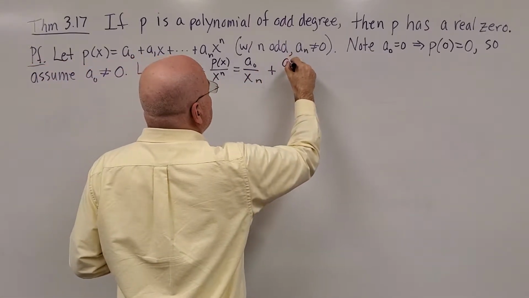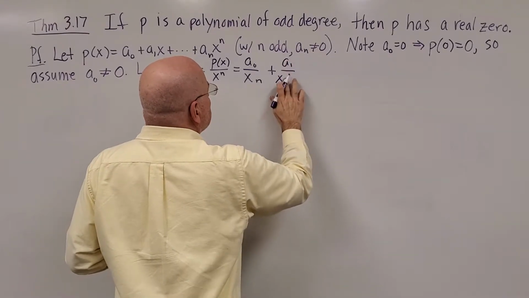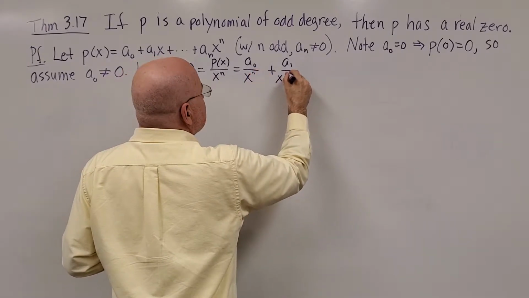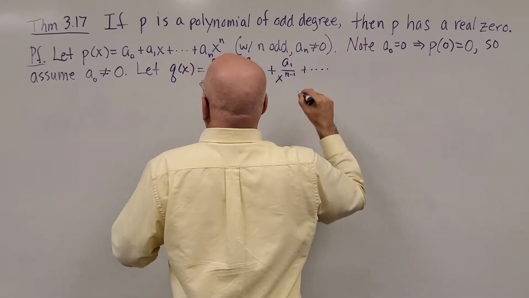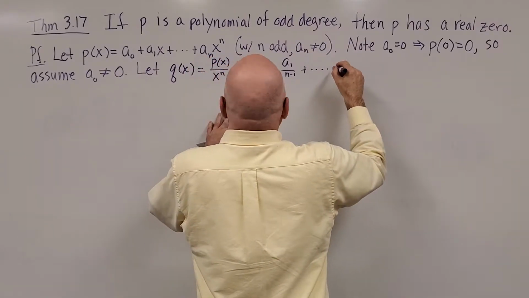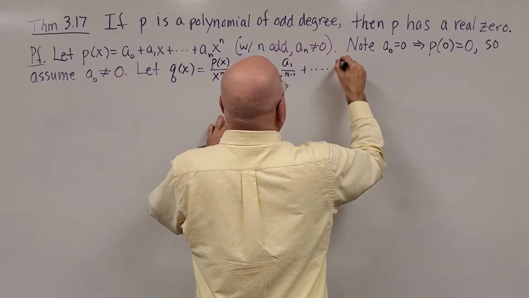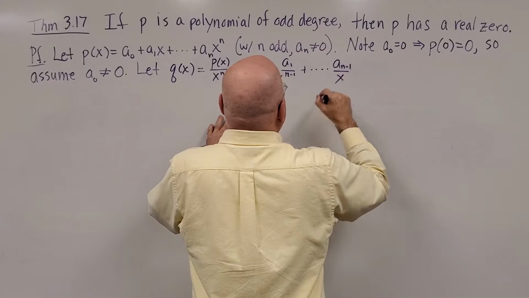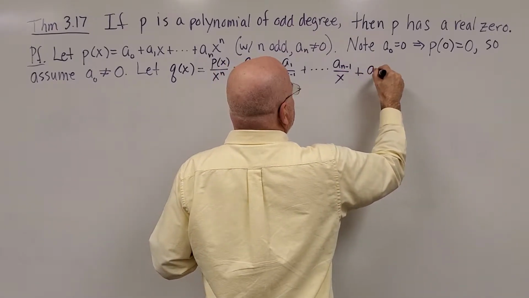So it would be a1 over x to the, sorry, that's x to the n power. This would be x to the n minus 1 power, plus dot, dot, dot, and we'll go all the way to, maybe I'll go to a n minus 1 over x, plus the last term would be an.